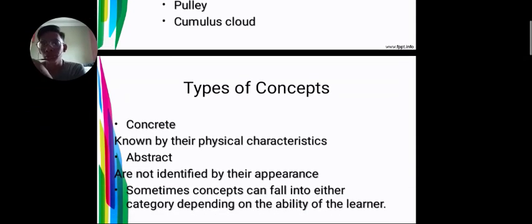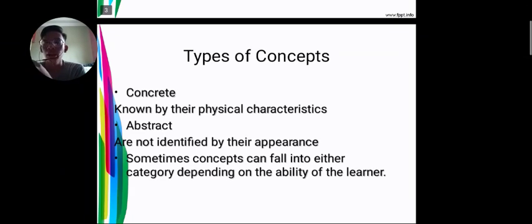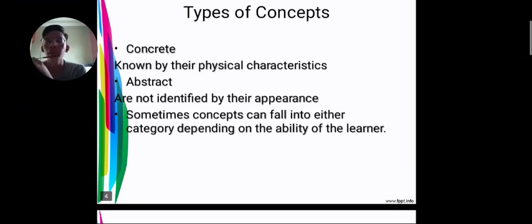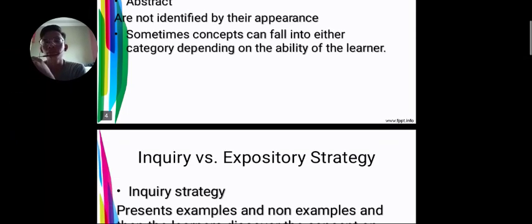Types of concepts: concrete concepts are identified by their physical characteristics, and abstract concepts are not identified by their appearance. Sometimes a concept can fall into either category depending on the ability of the learner.